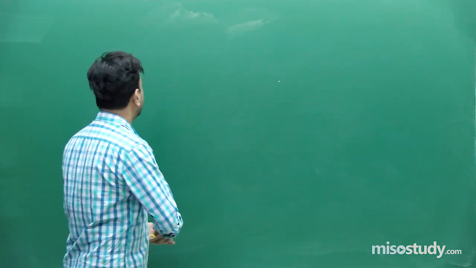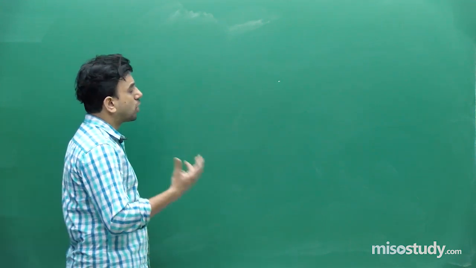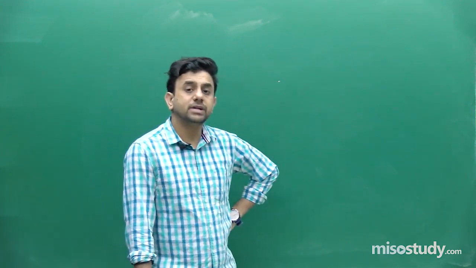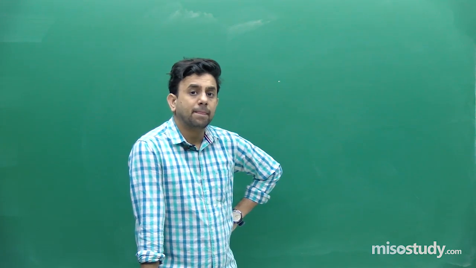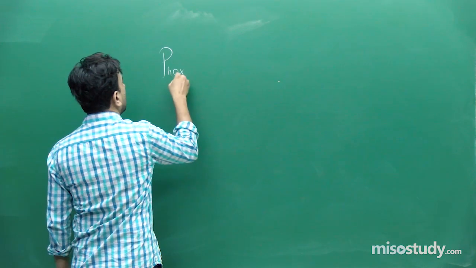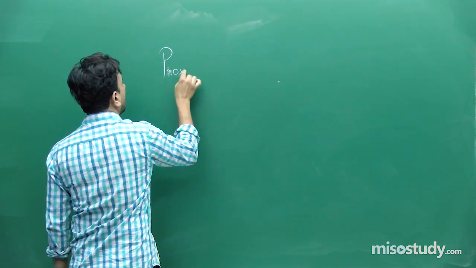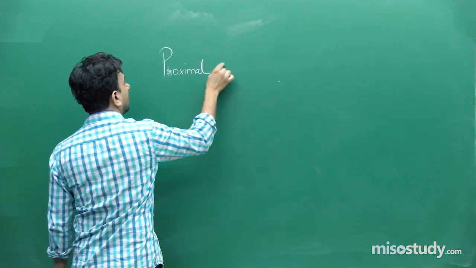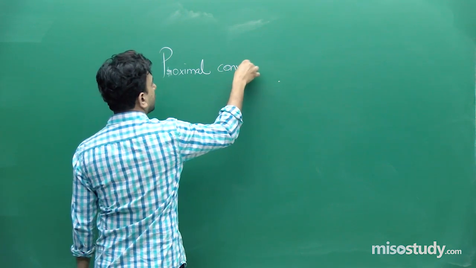We have talked about the filtration, let us now start talking about the proximal convoluted tubule.